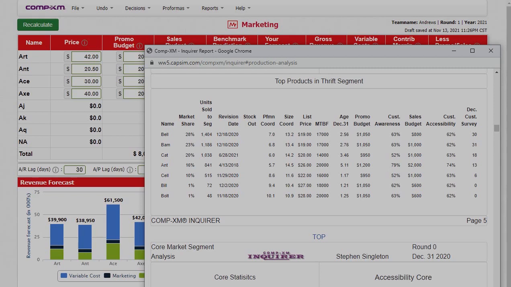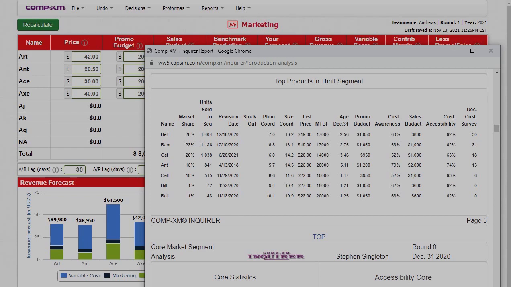If we do that, it means that our price of $20.50 will generate 440 more units if everything else is kept constant.